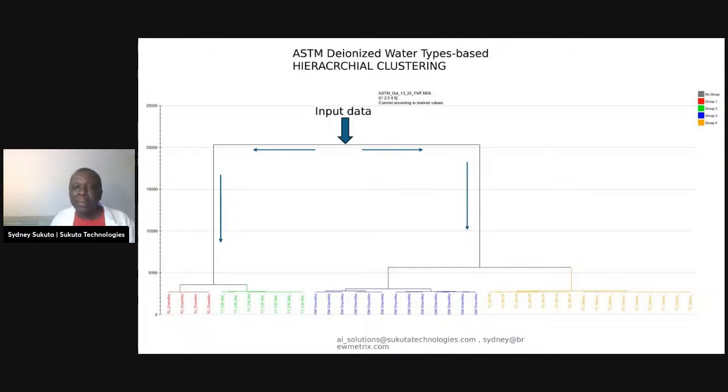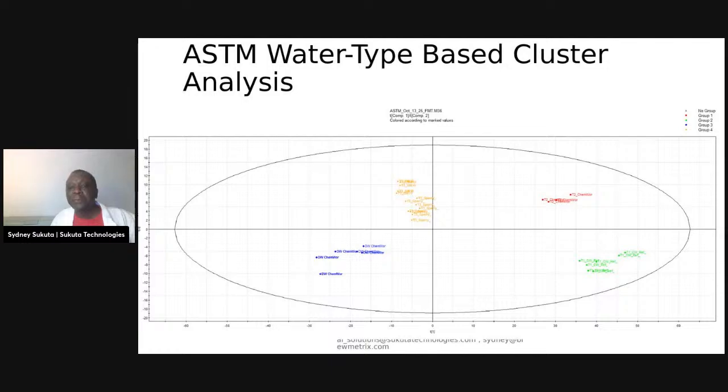Not the best, but the better one is this one, where we have type 1 here, type 2 here, type 3 here, and the distilled water here. I couldn't get type 4, because the purity tanks as you go to the left.